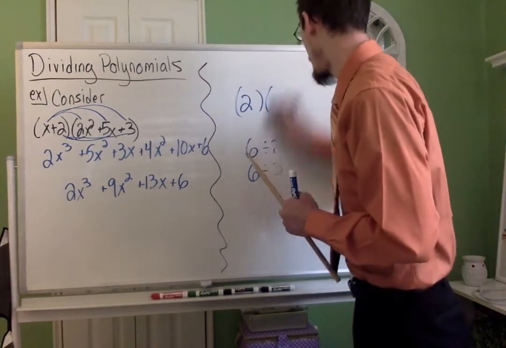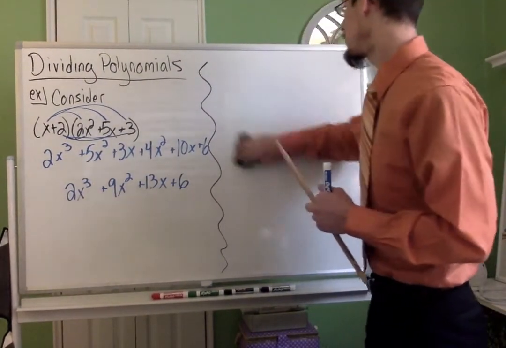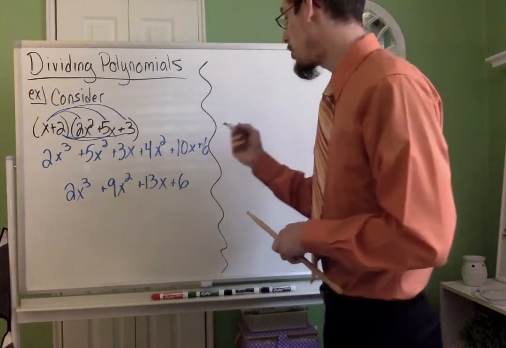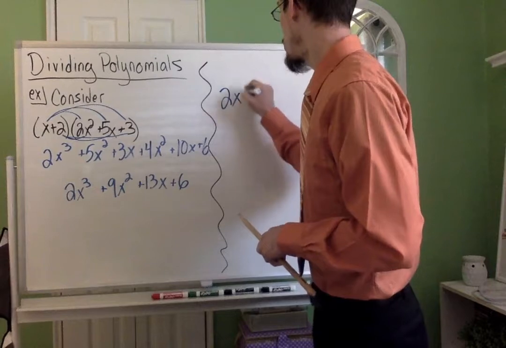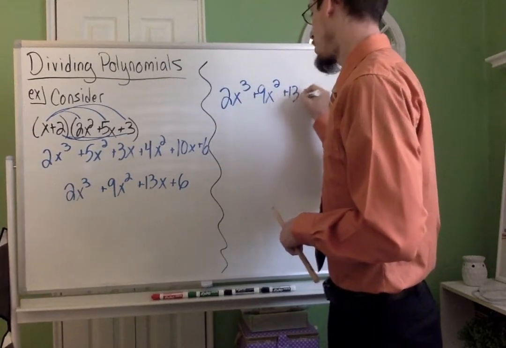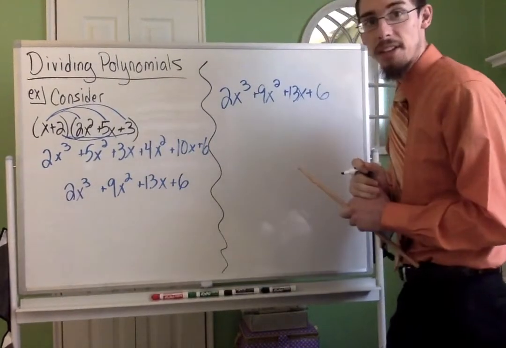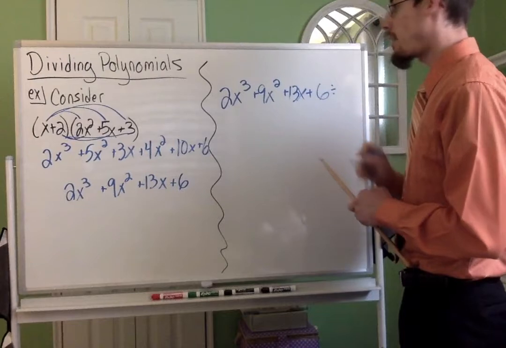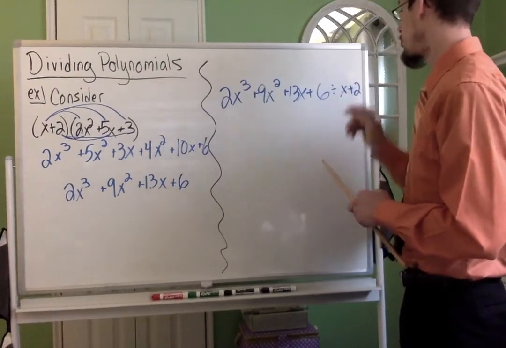So here's what I mean by that. I'm going to take this polynomial, 2x to the third plus 9x squared plus 13x plus 6, right? And I'm going to divide that by x plus 2.